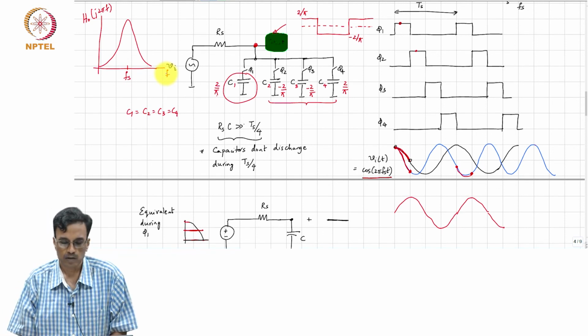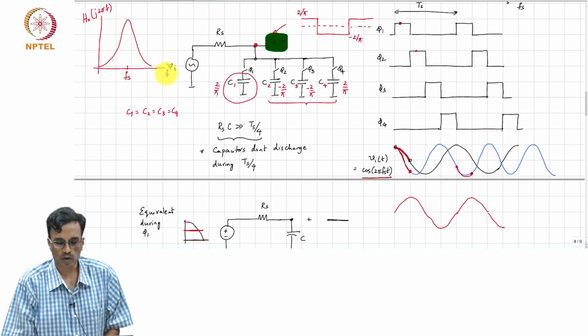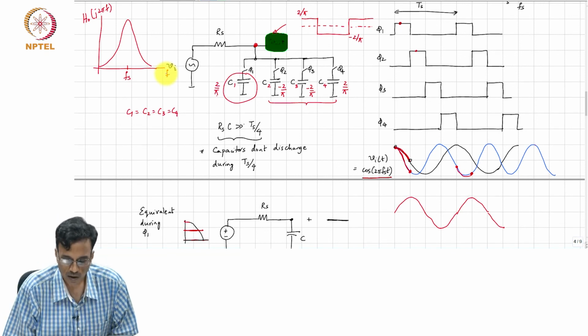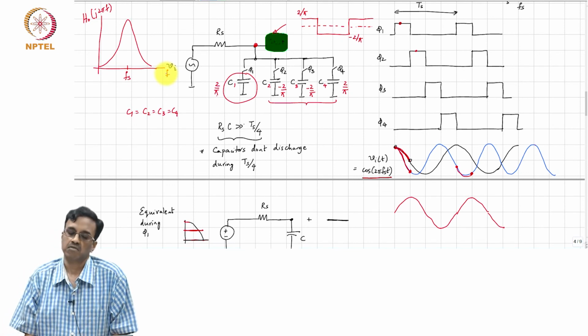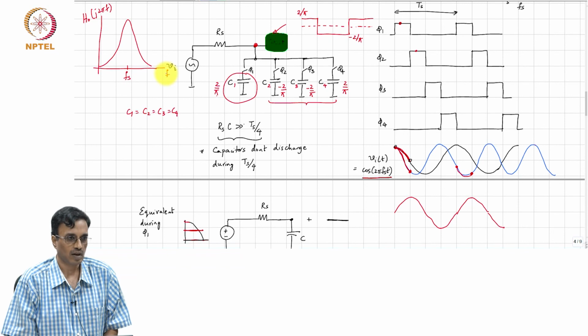So, an n-path filter is another example which uses n-path principles to make something which is very useful.